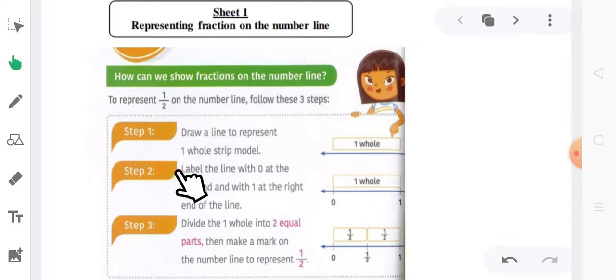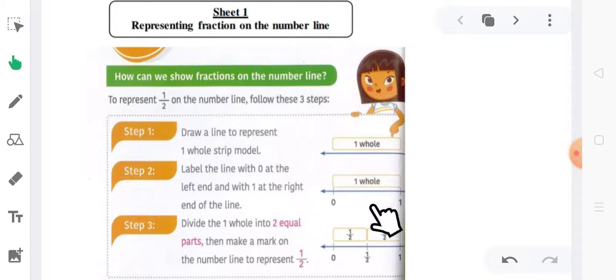Okay. Second step, label the line with 0 at the left hand side and number 1 at the right end of the line. Okay. 0 and 1, we call them the benchmarks.